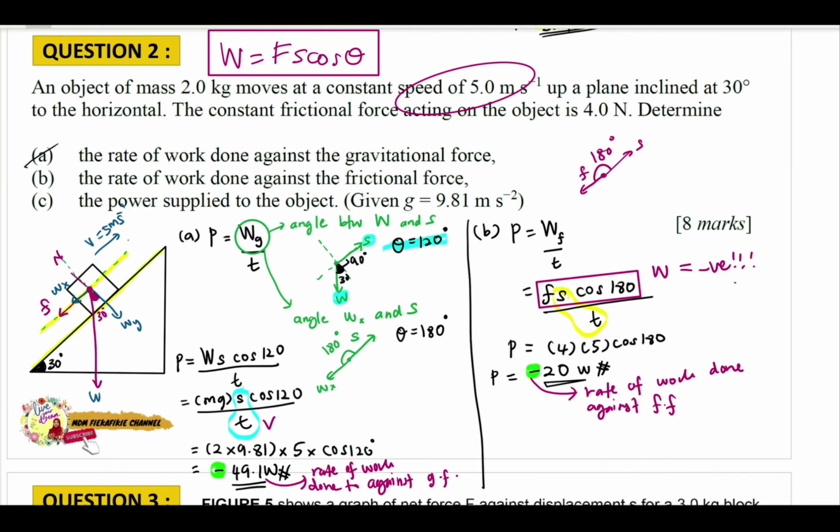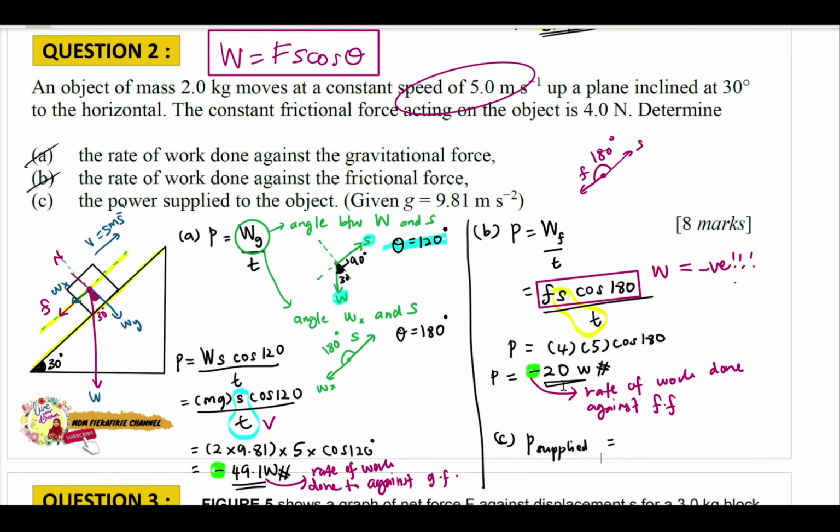Jadi untuk objek itu bergerak, kita perlukan power supply. At least power supply dia mesti sama lah. Maknanya power kita dapat negatif ni, maknanya power yang diperlukan untuk objek itu bergerak. Therefore, in order to answer question C, the power supplied to the object. Kita dah tahu energi akan digunakan untuk melawan frictional force dan juga gravitational force, berat dia sendiri.